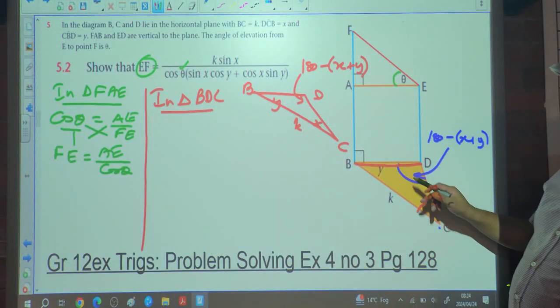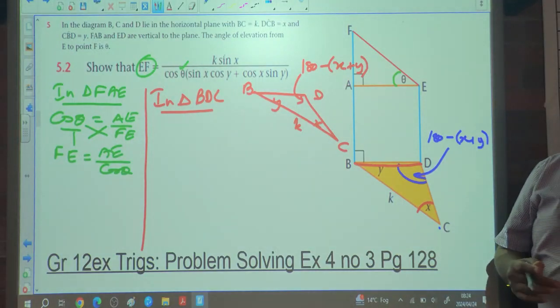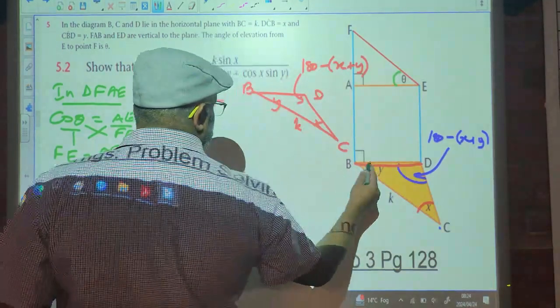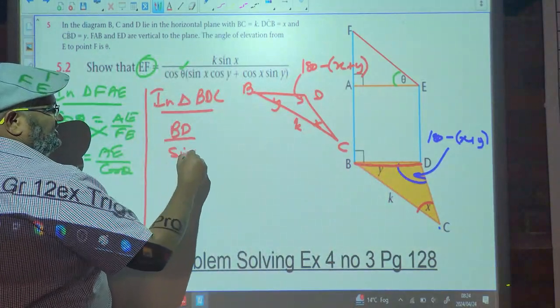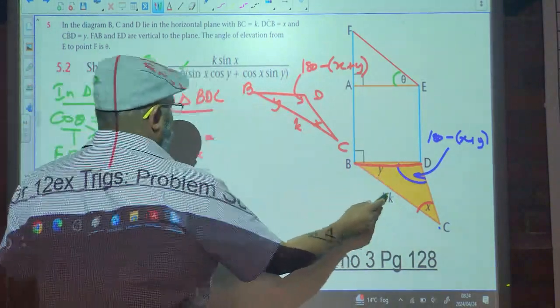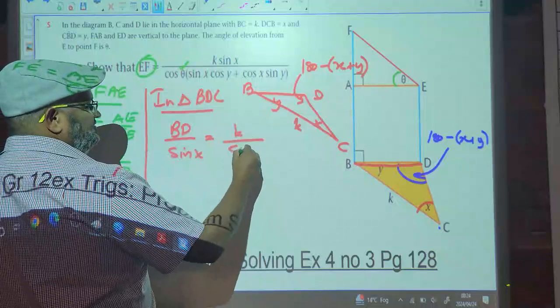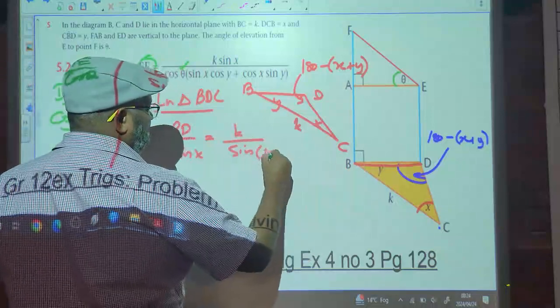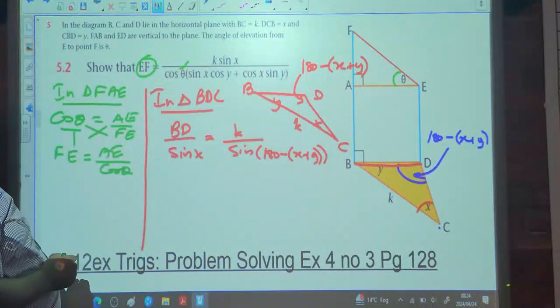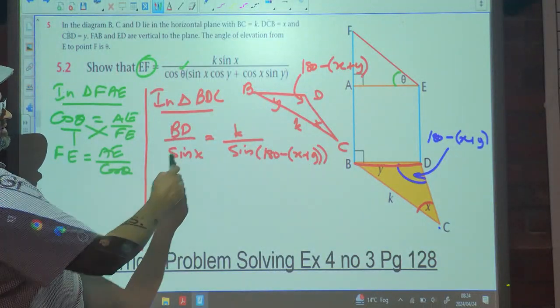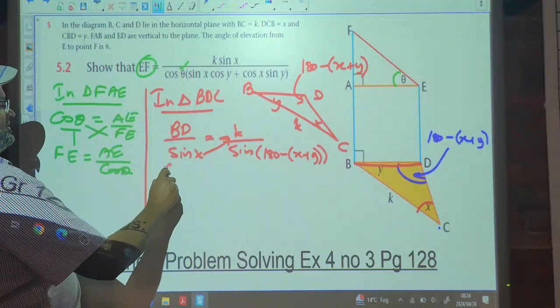So we have many angles, so we're definitely going to use the sine rule. So we want to make BD the subject of the formula. So BD over sine of X is equal to K over sine of (180 minus (X plus Y)). Alright. So make BD the subject of the formula, cross multiply.